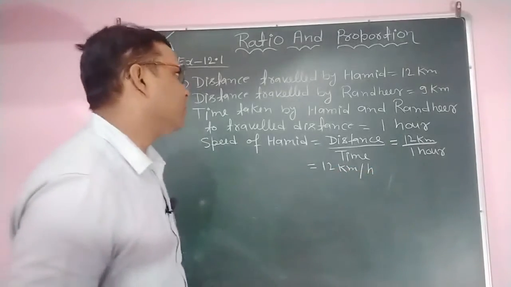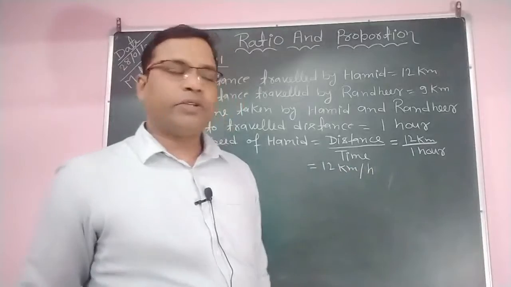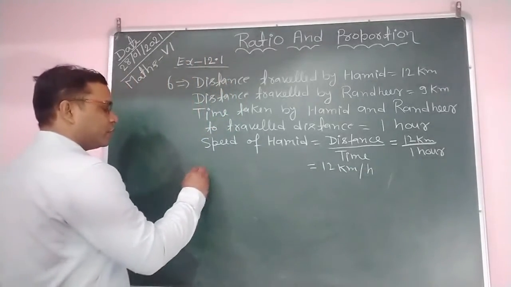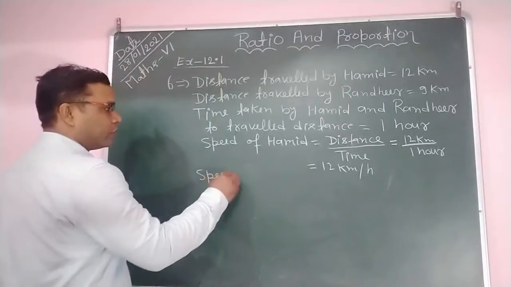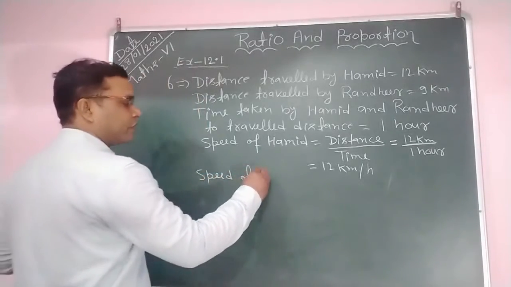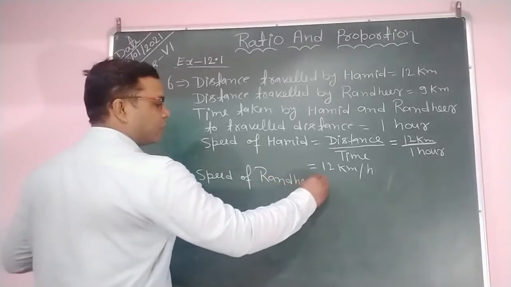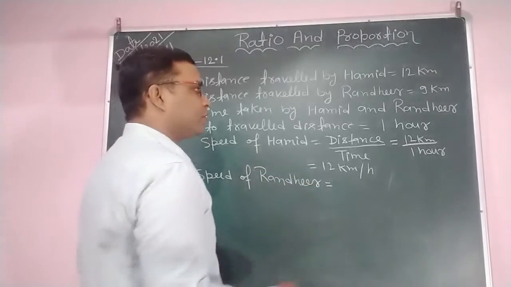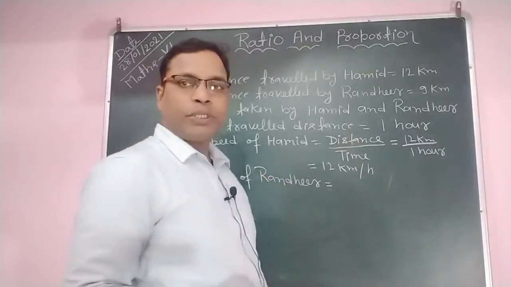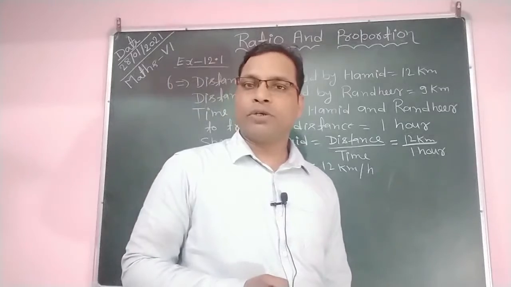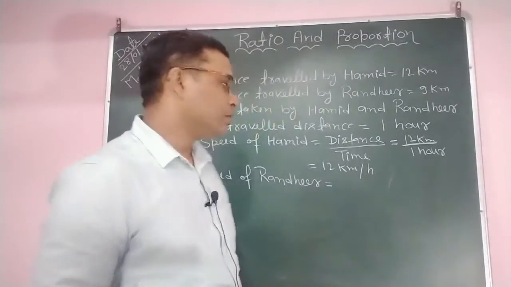Now we will find the speed of Randhir. Speed of Randhir is equal to, again we use the formula, speed is equal to distance upon time.